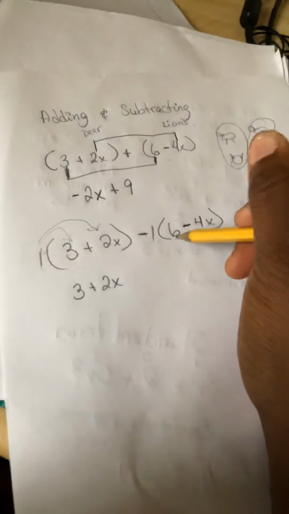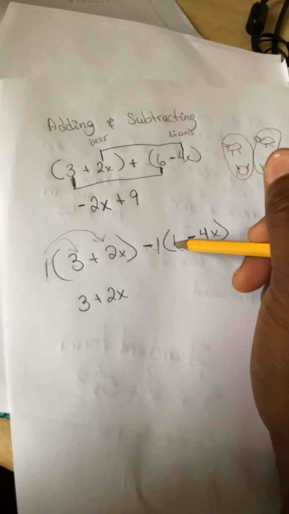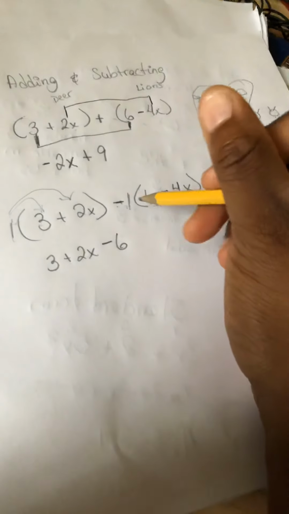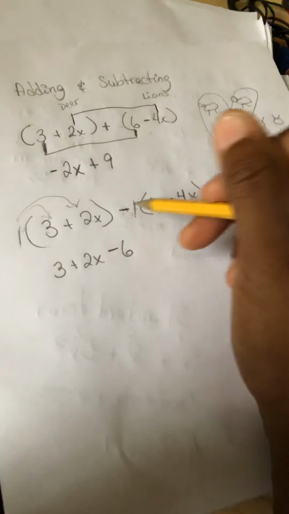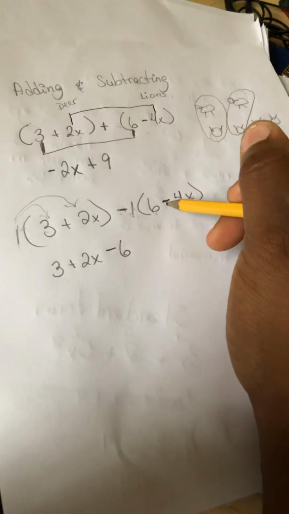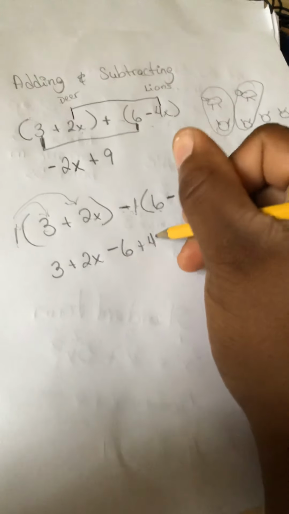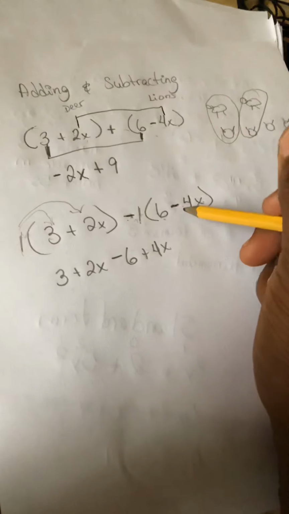But here I have a -1. When I multiply -1 times 6, it becomes -6. And when I multiply -1 times -4x, my numbers link up, and a negative times a negative is a positive. So it becomes positive 4x.